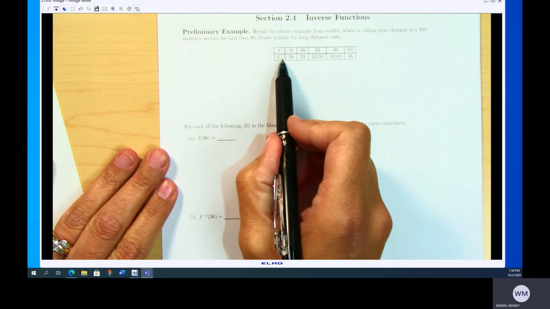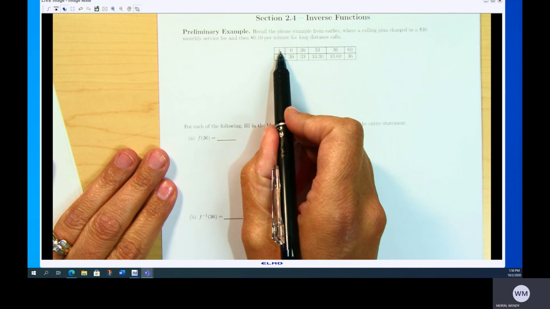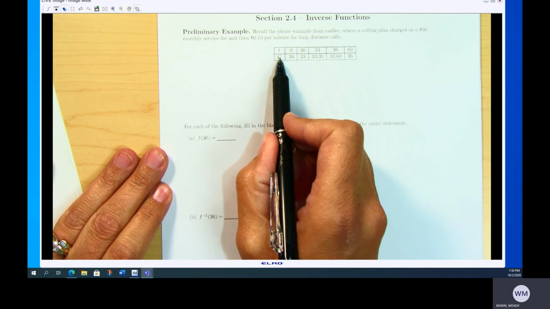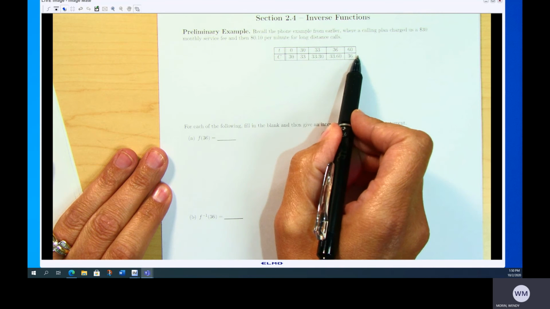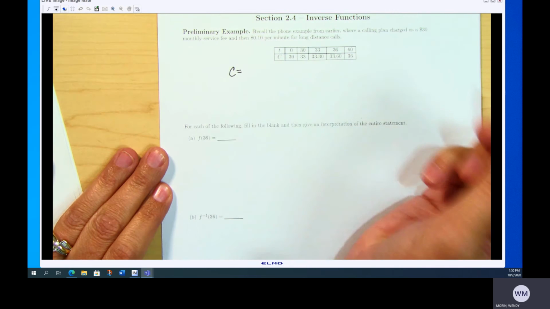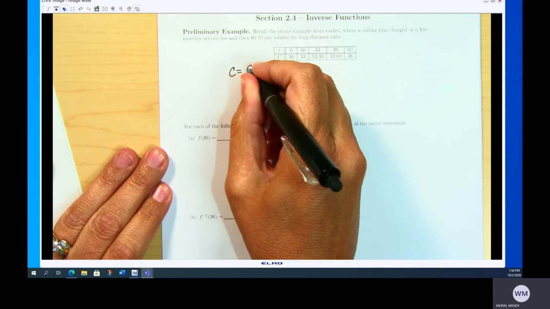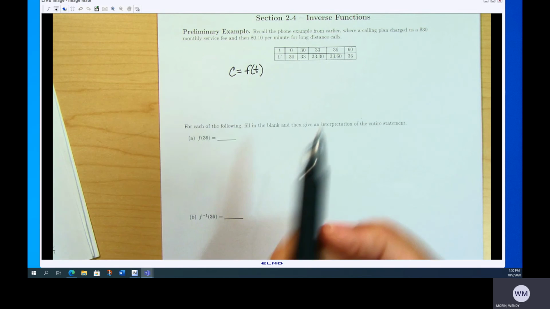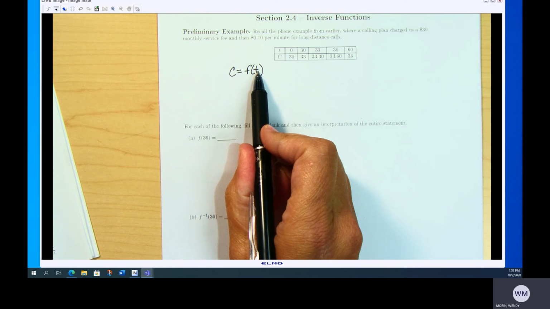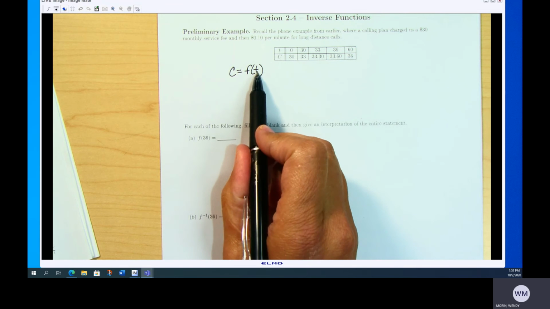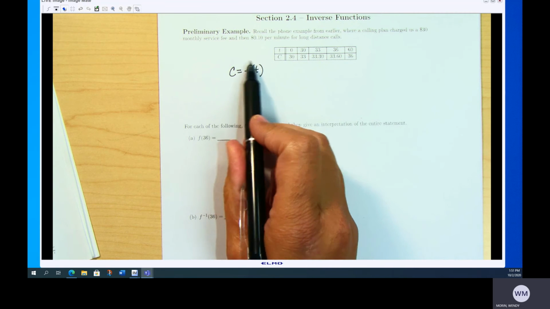So if you look at this, T is the time in minutes. That's your input. C is your output. So C, our output, is equal to f of T, where T is the input and f of T is the output.